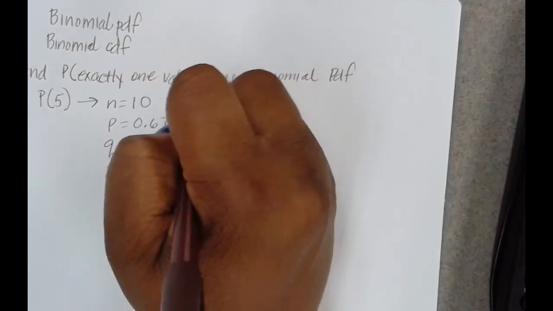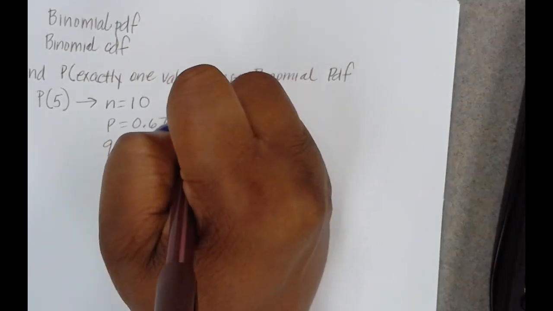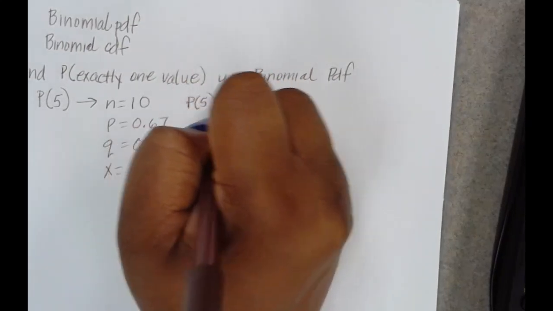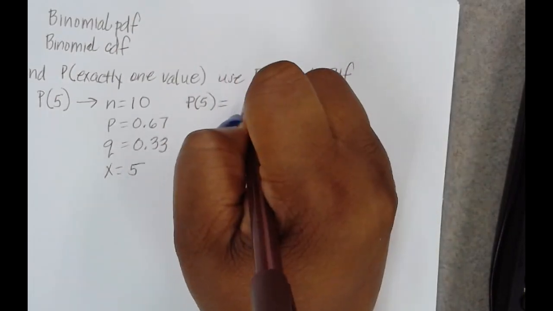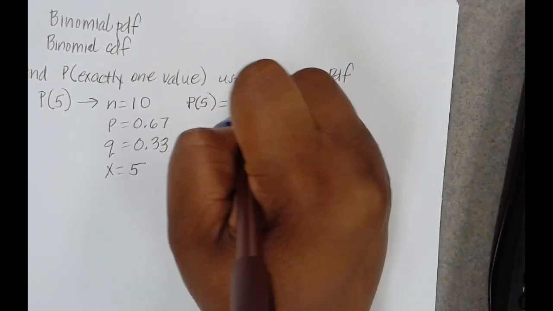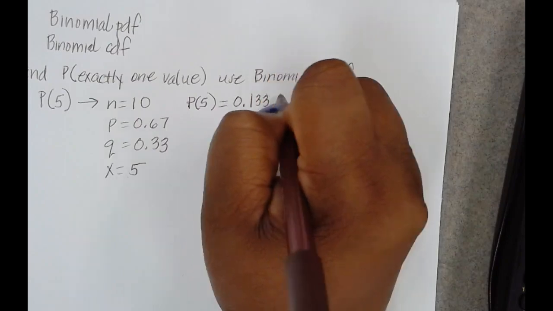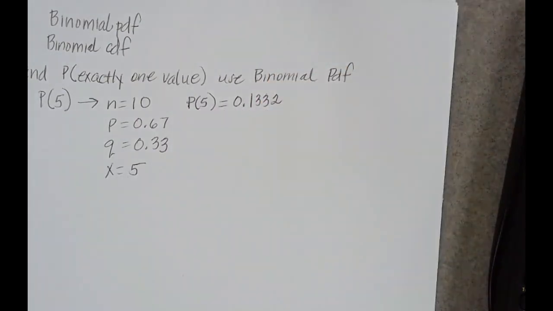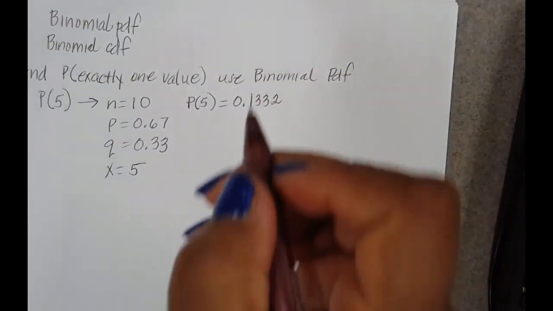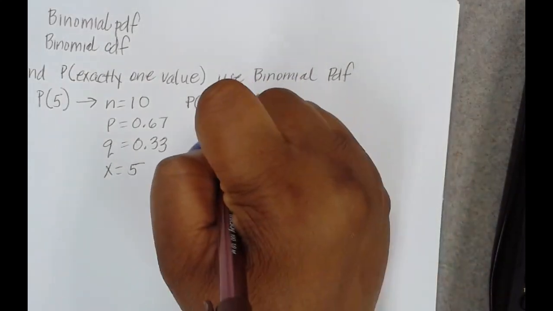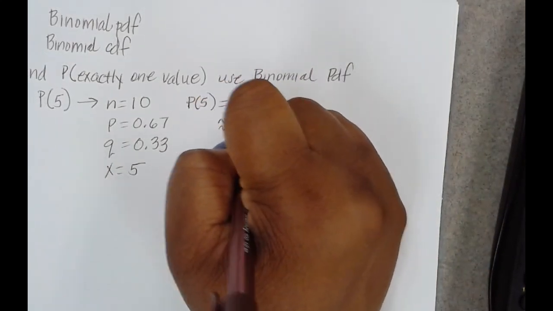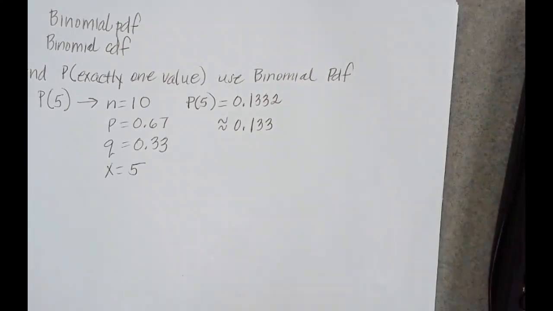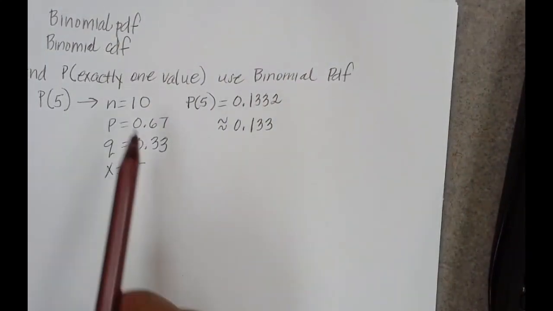So the probability of exactly 5 people, 0.1332, and rounding that to the nearest 3 numbers after the decimal gets us 0.133. Okay? I use PDF when I have exactly 1 value.